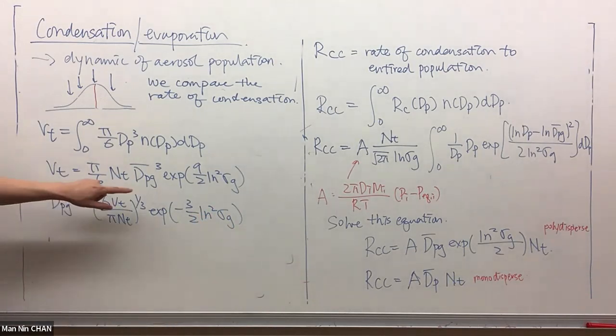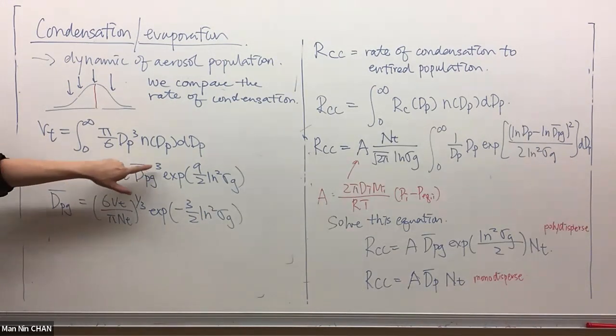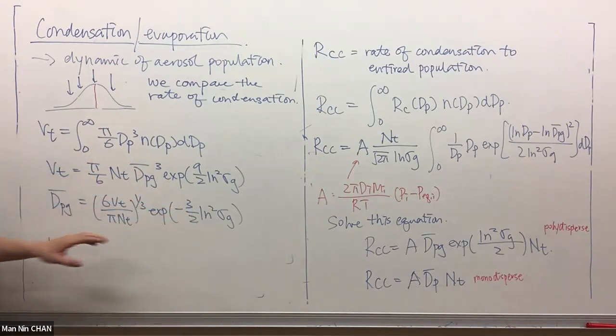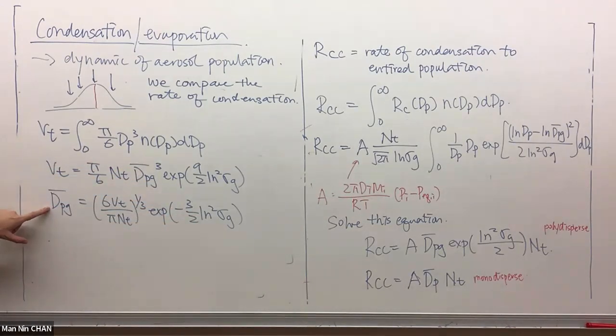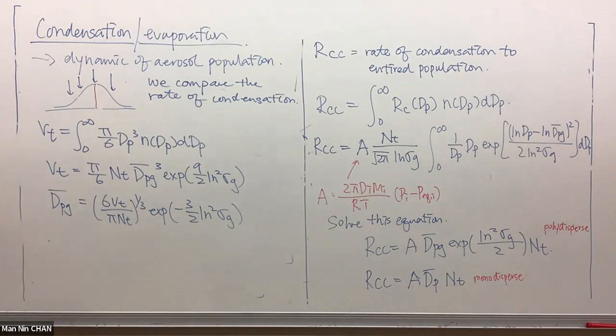What I try to do now is put this median diameter to the power 3 on my left hand side, and then rearrange this equation. I try to find an expression for my median diameter in terms of my V total, N total, and also your sigma g here. So then I can have this expression for my median diameter, or we can say this is dpg bar.